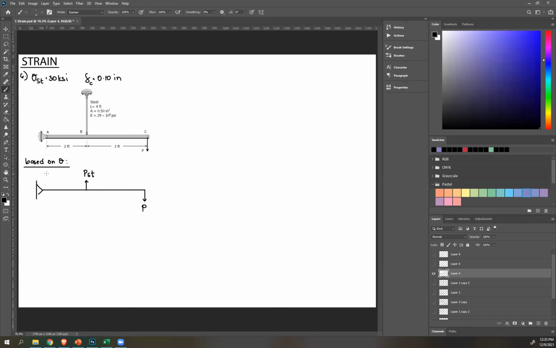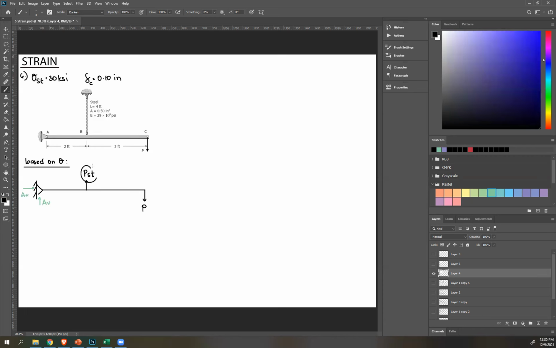The more appropriate term is parallel and perpendicular to the surface. So this is your surface. Parallel to that is this way. So I'll just call that your vertical reaction at A. And then perpendicular is this way, and I'll call that your horizontal reaction at A. And then that is your free body diagram.